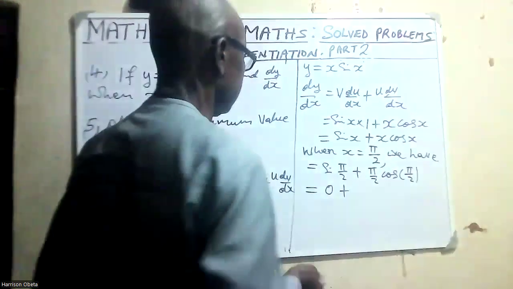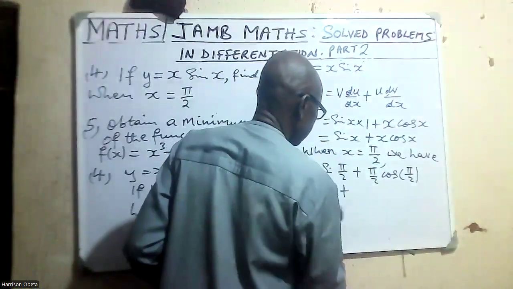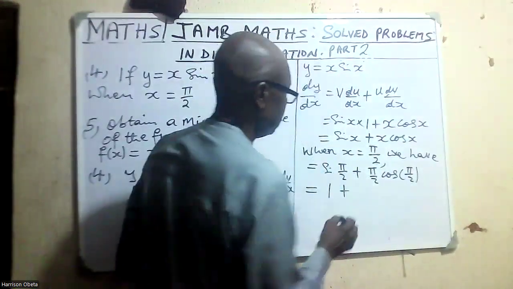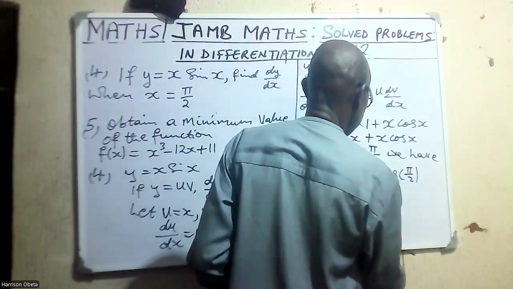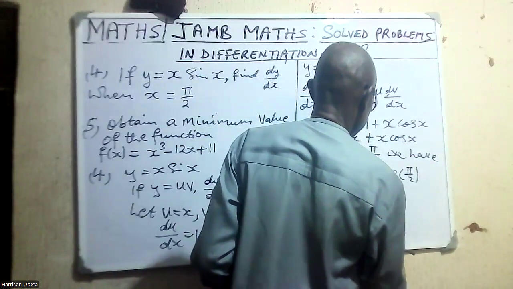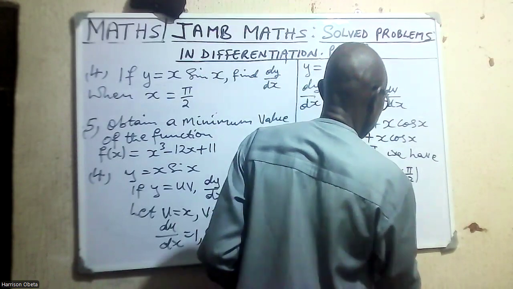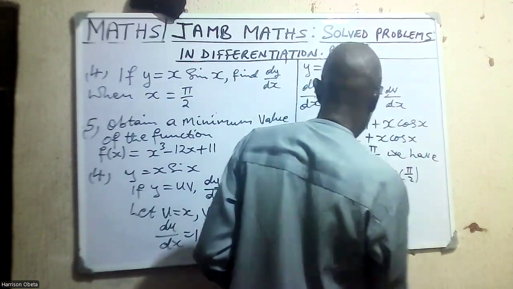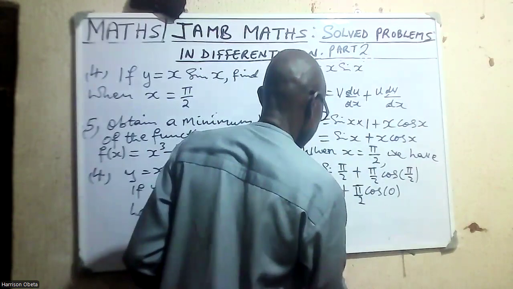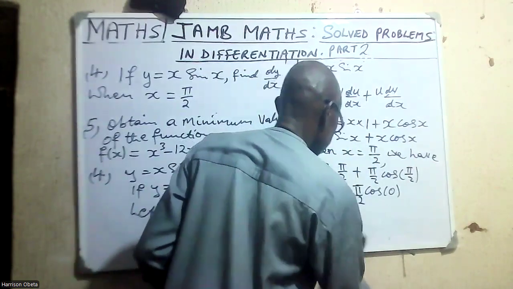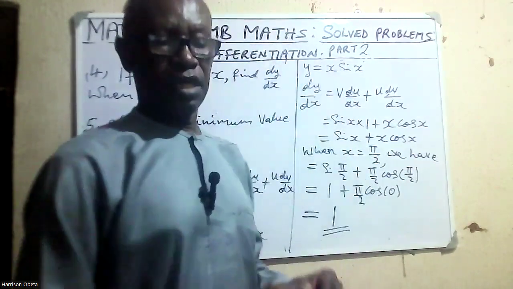Okay, sorry, there's a little correction. Sine 90 is 1, while cos 90 is 0. So which means that our final answer is 1. Our final answer is 1.